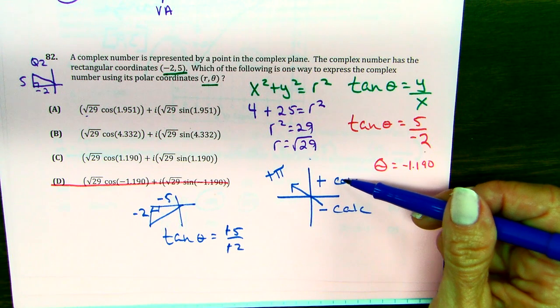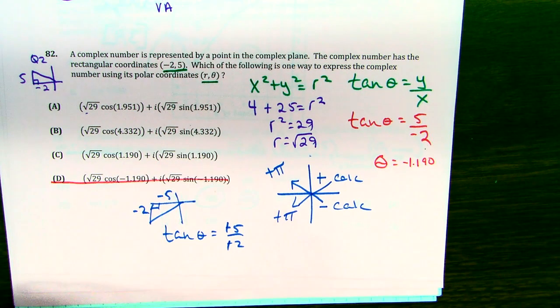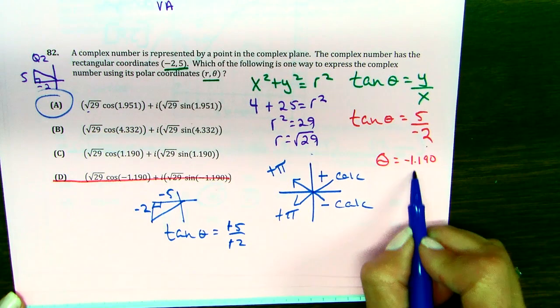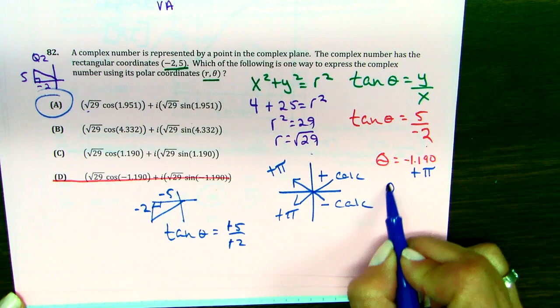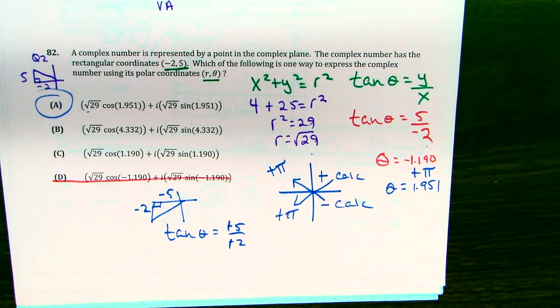You have to say, oh, I know I'm in quadrant 3, so I would add pi to put yourself there. So remember, your calculator is going to give you 1 or 4. You have to add pi if you're in 2 or 3. So that gives you A, and you add pi to this. Okay?